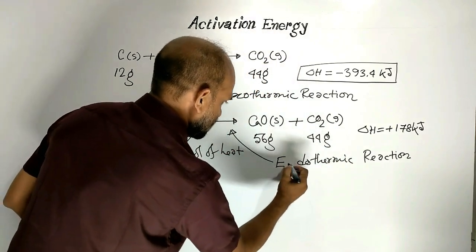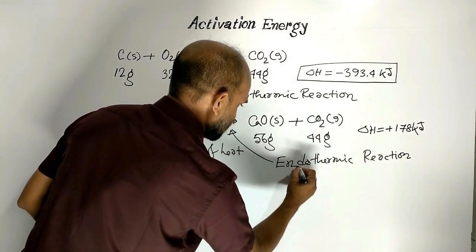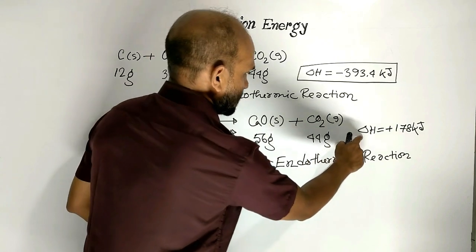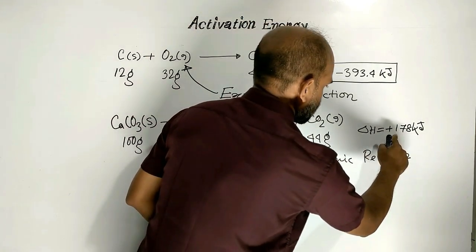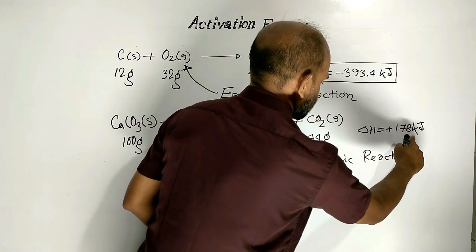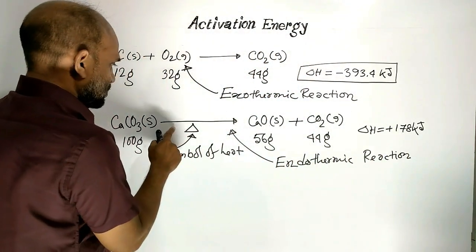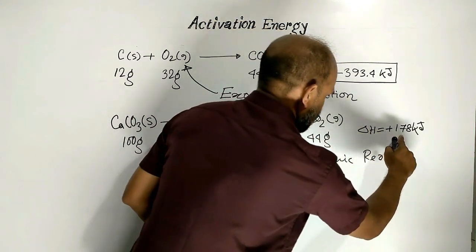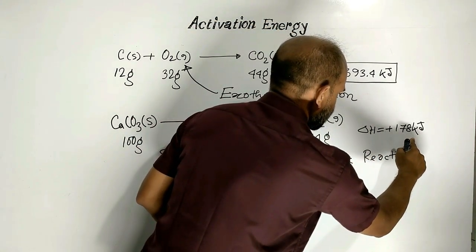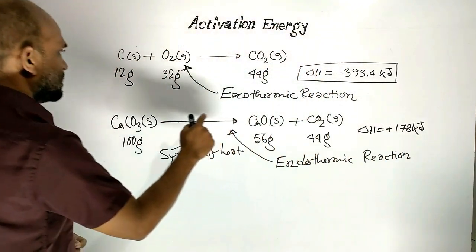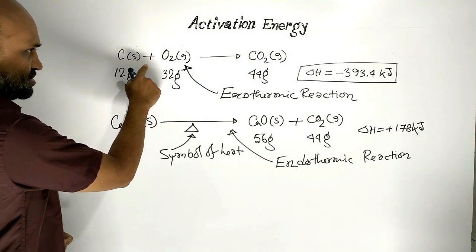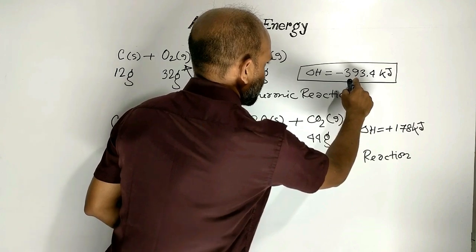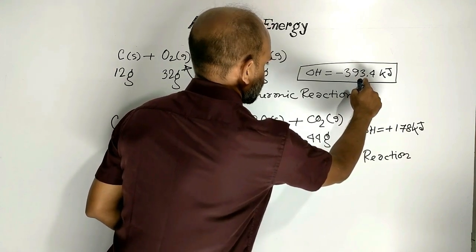This is endothermic reaction, and here heat of reaction is 178 kilojoule. That is, this reaction absorbs 178 kilojoule heat from the surroundings, and this reaction releases 393.4 kilojoule heat to the surroundings.